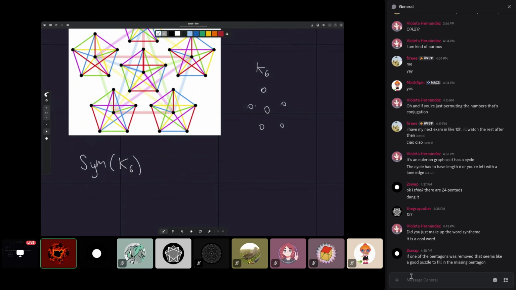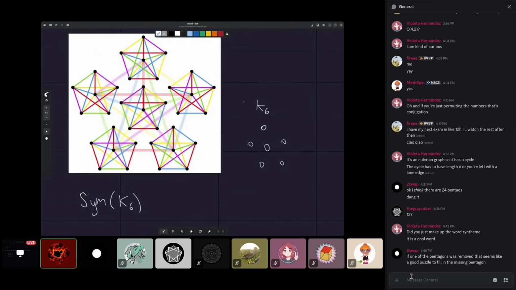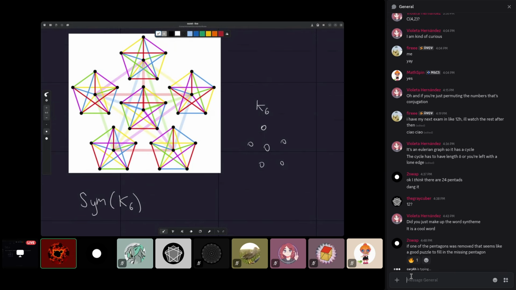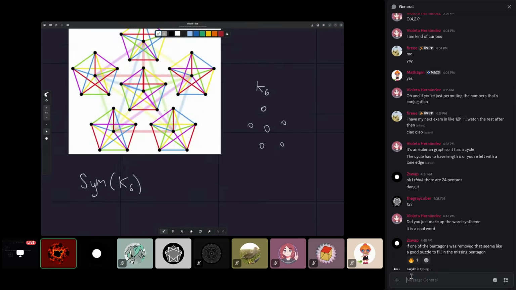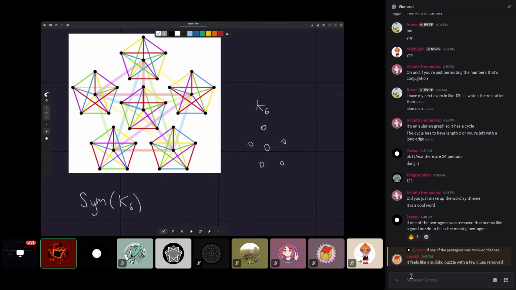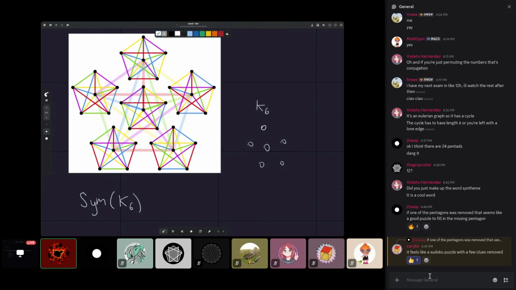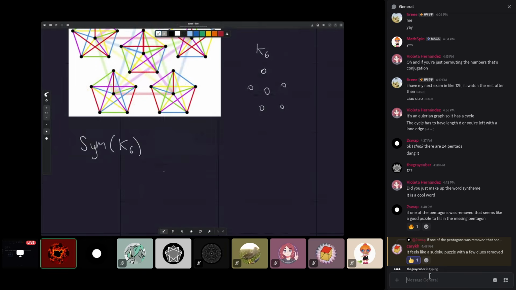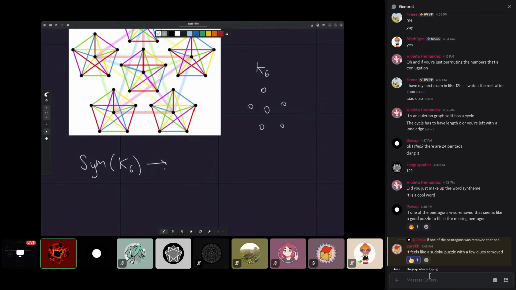And now if you permute the 6 points, you're going to induce a permutation of the 6 pentads, right? If you pull this over here and swap these 2, you're going to get a different pentad. And so basically you end up with a group homomorphism from permutations of this to permutations of the pentads.